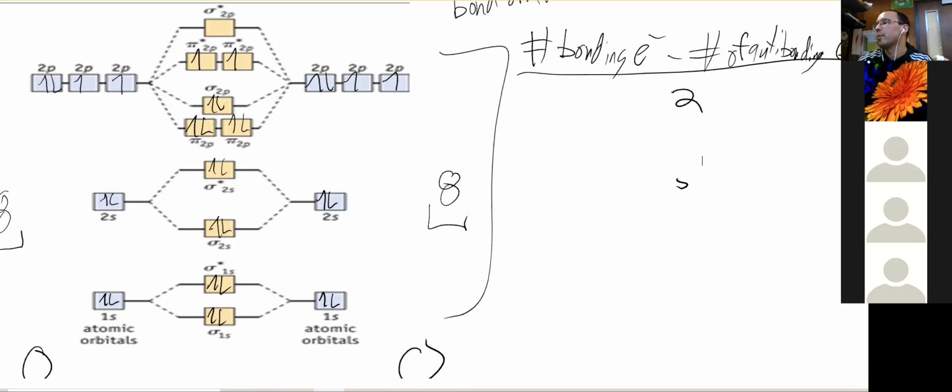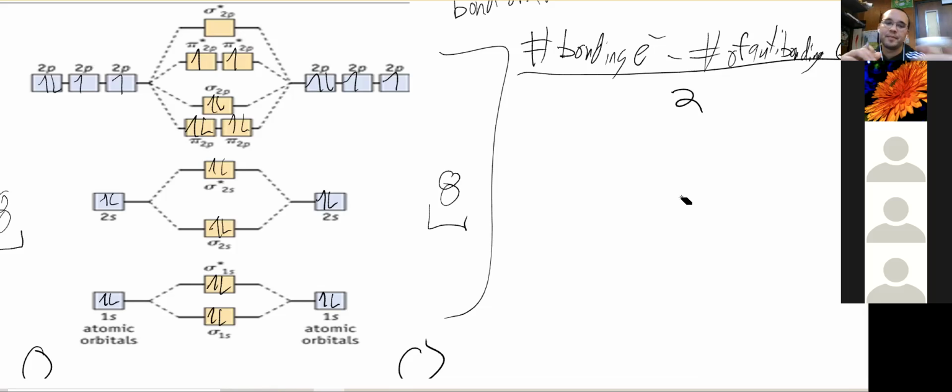It doesn't matter anymore. Both are different, right? Bond order for your Lewis structures is a completely different equation. It's your bonds from each of the resonance structures divided by your number of resonance structures. So it is a different equation, even though you're talking about the same thing.